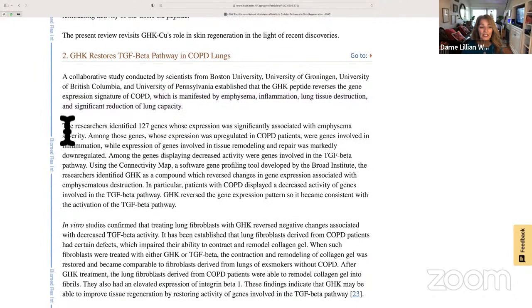Okay, I want to be completely transparent. It says here that COPD is manifested by emphysema. As you may or may not know, emphysema is a diagnosis of a particular condition. So I would argue that COPD, or the diagnosis of COPD, it says here was manifested by emphysema.